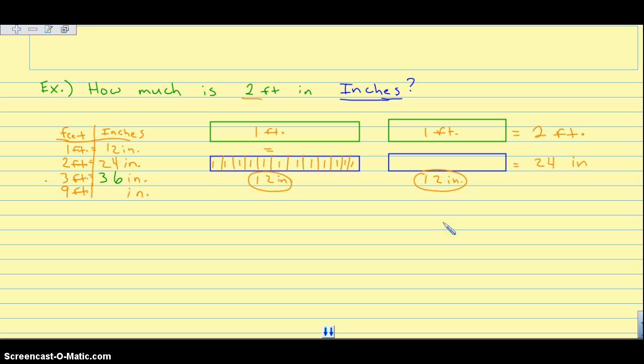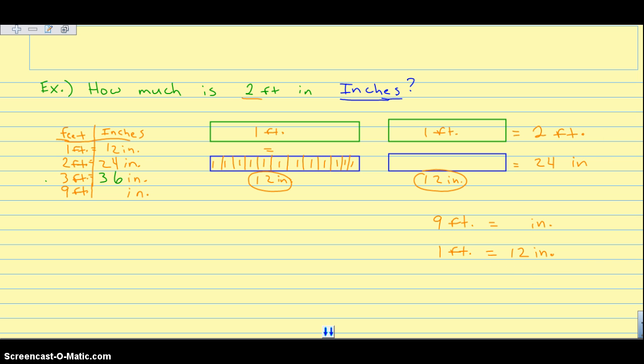So hopefully you set it up like this in your number sentence. You said 9 feet equals I don't know how many inches. But I do know from Buddy that 1 foot equals 12 inches.